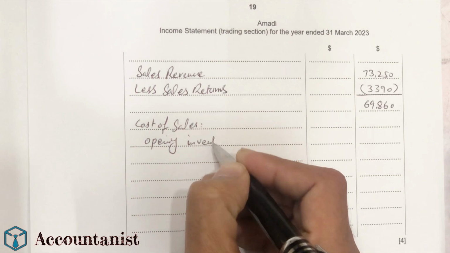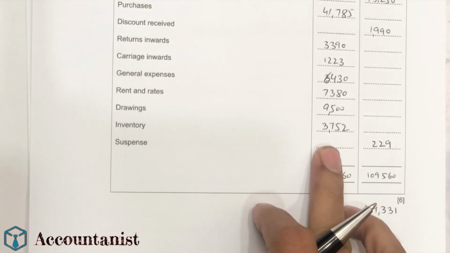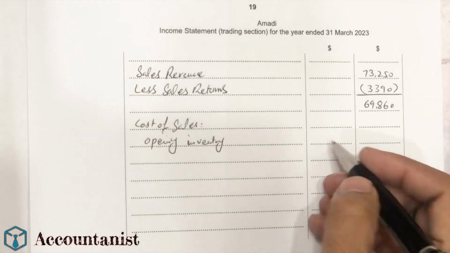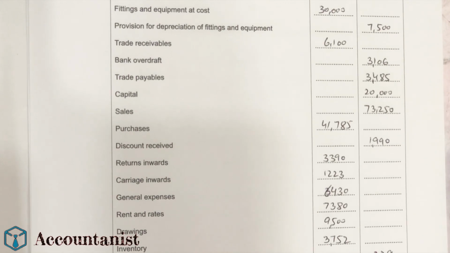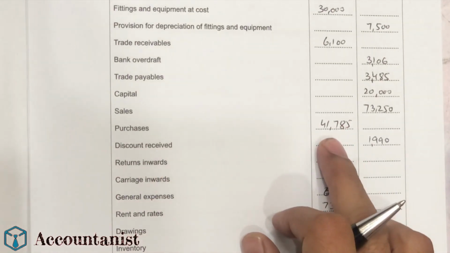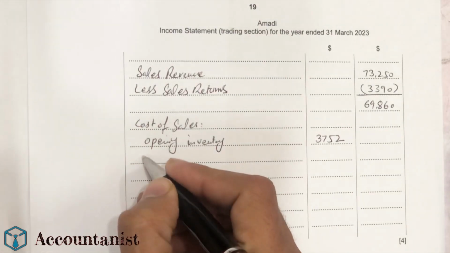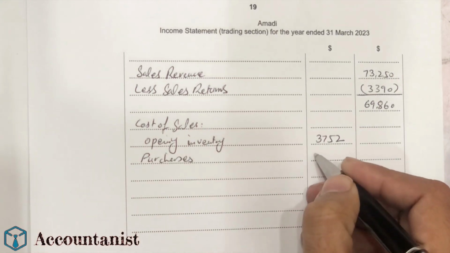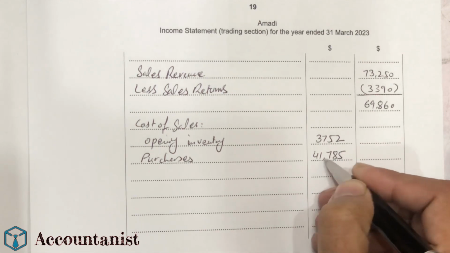The opening inventory in the question is 3,752, so 3,752 will come up here, and we have to add the purchases. We have purchases of 41,785.